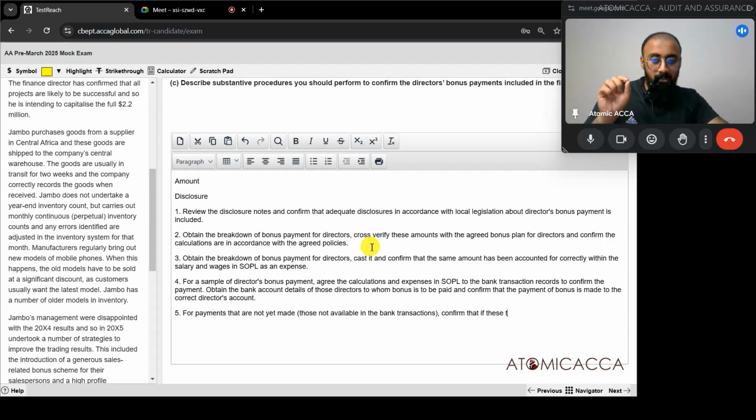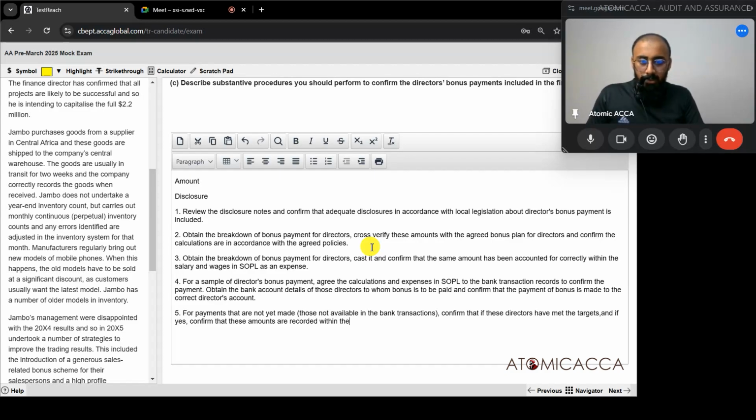So for payments that are not yet made, which means those that are not available in the bank transaction, confirm that if these directors have met the targets and if yes, confirm that these amounts are recorded within the liability of client company. So that will be the final procedure.